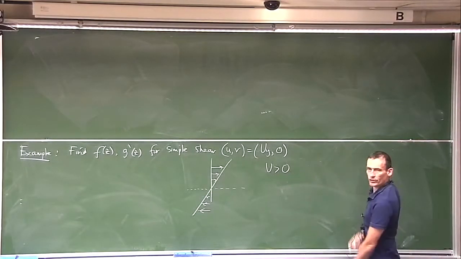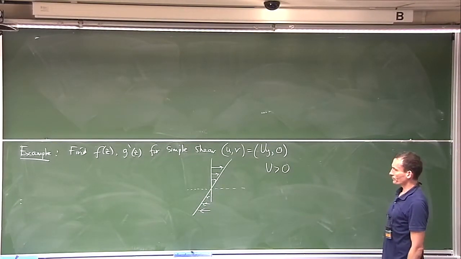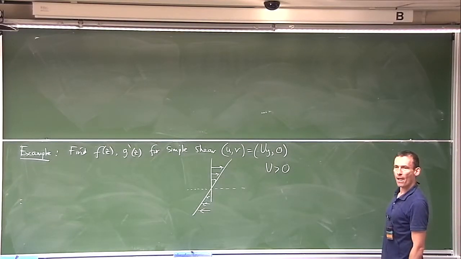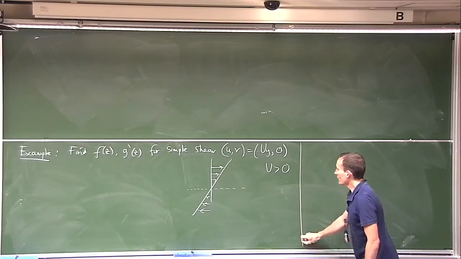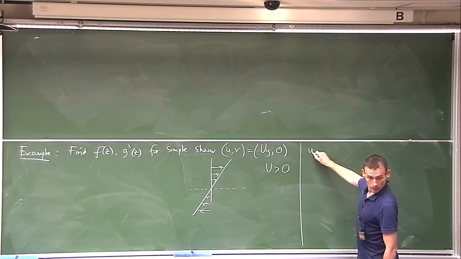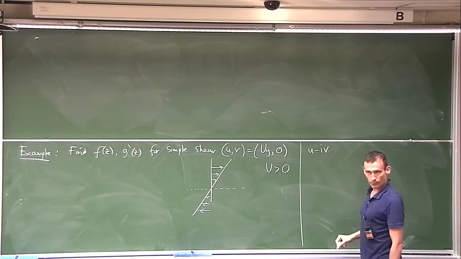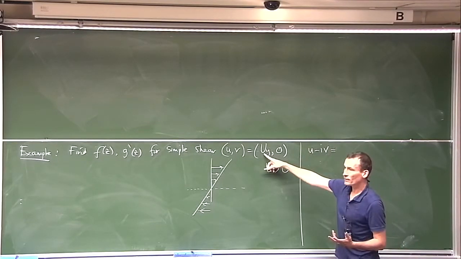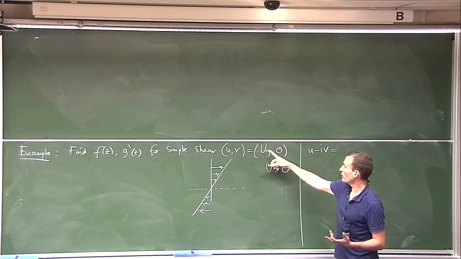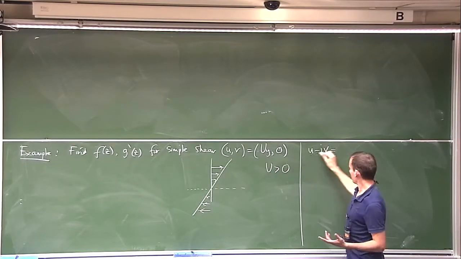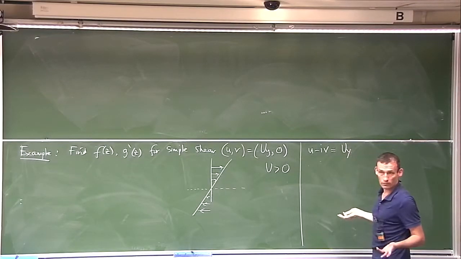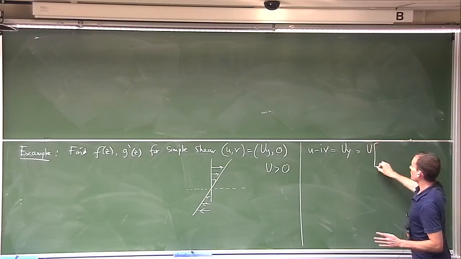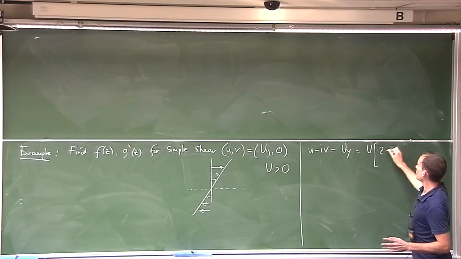So it's shearing flow in the plane. Okay, let's do this. Well, what's U minus IV? U minus IV, in this case, is U Y minus 0. That's it. But of course, Y, we all know, is Z minus Z bar over 2I.